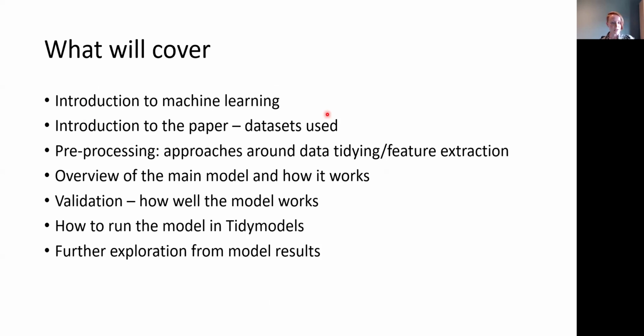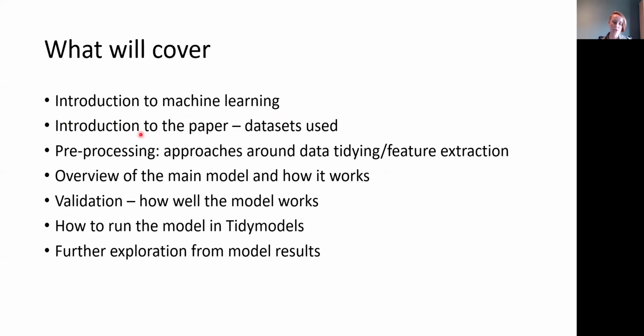So generally what I'm going to cover, and this is an overview for today, but probably for the other sessions too. So I'll do a quick introduction to machine learning as to what it actually is in comparison to more traditional experimental data analysis approaches.